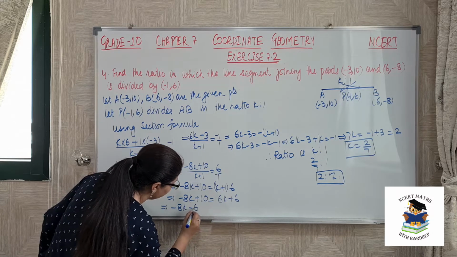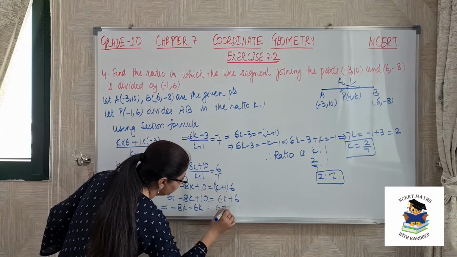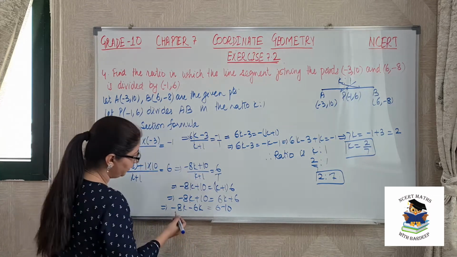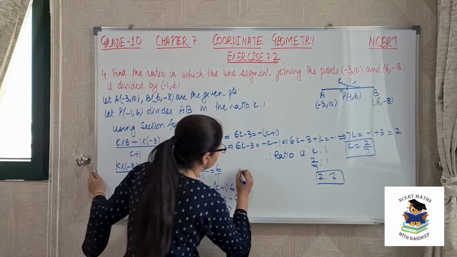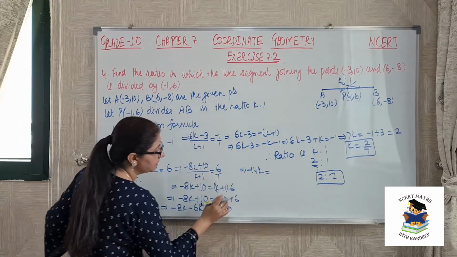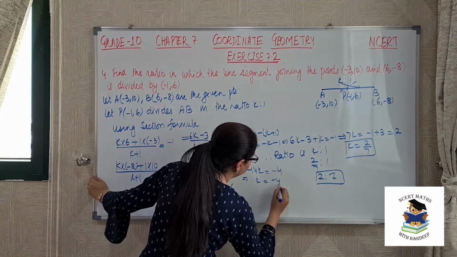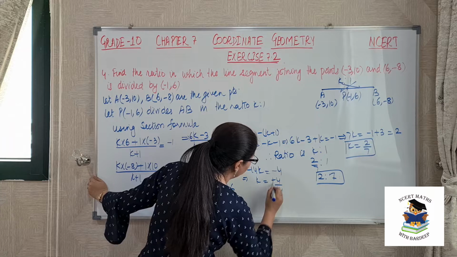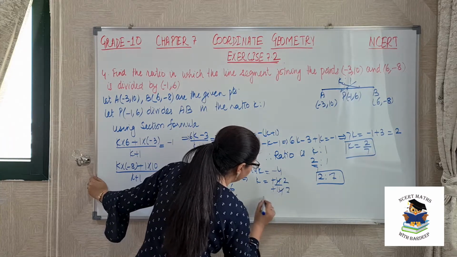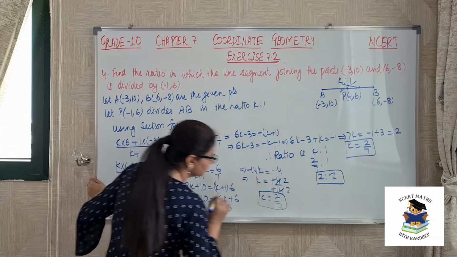This plus 6k will be minus 6k. So 6 plus 10 will go to other side as minus 10. So 8 and minus 6 is minus 14k. And here 6 minus 10 is minus 4. Okay. So what is the value of k? Minus 4 over minus 14. And you can see we will get the same value.